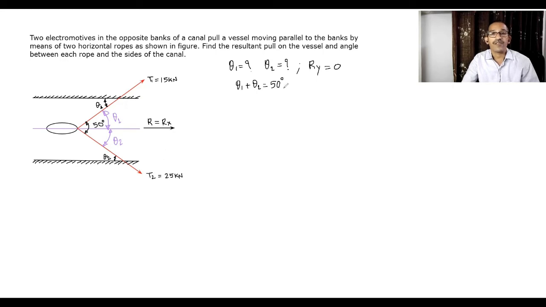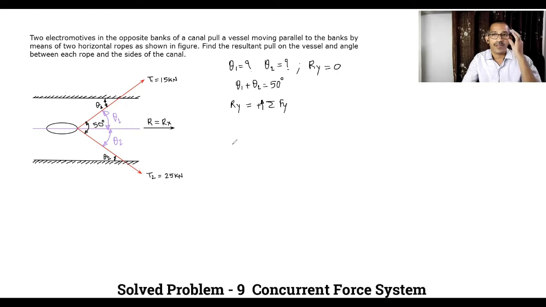But as Ry is 0, if we apply the equation perpendicular, in the vertical direction, the resultant is 0 along the y-axis. Therefore, we will get some relation between theta 1 and theta 2, and we will try to find theta 1 and theta 2. Which equation will we apply now? Ry equals summation of Fy, assuming forces in the upward direction as positive. Ry is 0.